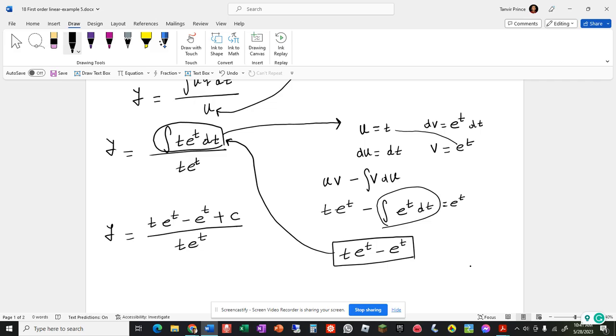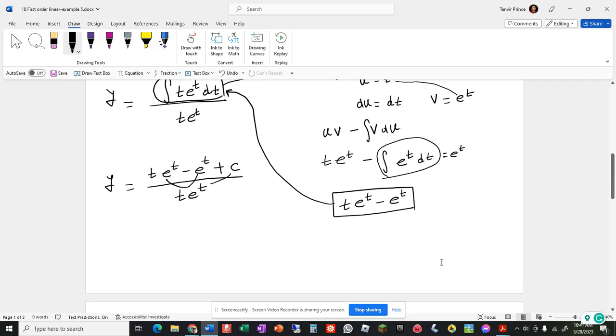So this t e to the t, if you want, we can distribute under each term. You are officially done for the general solution, but let's actually simplify. So I'm distributing the denominator under each term.